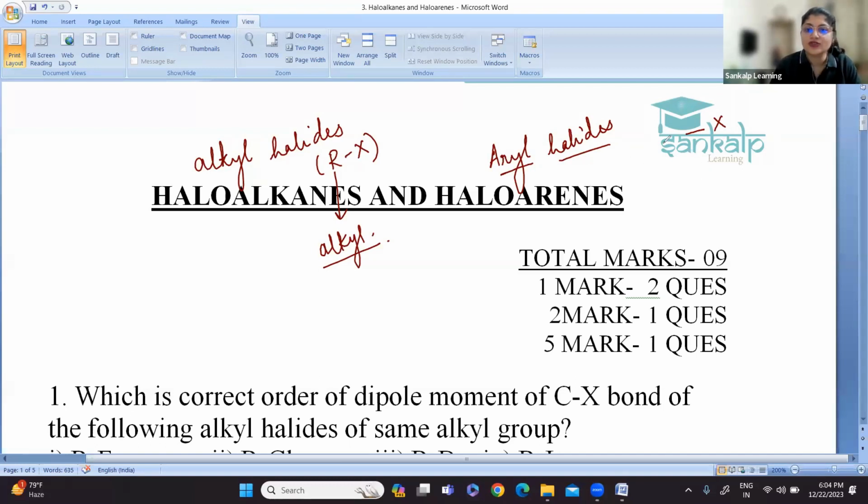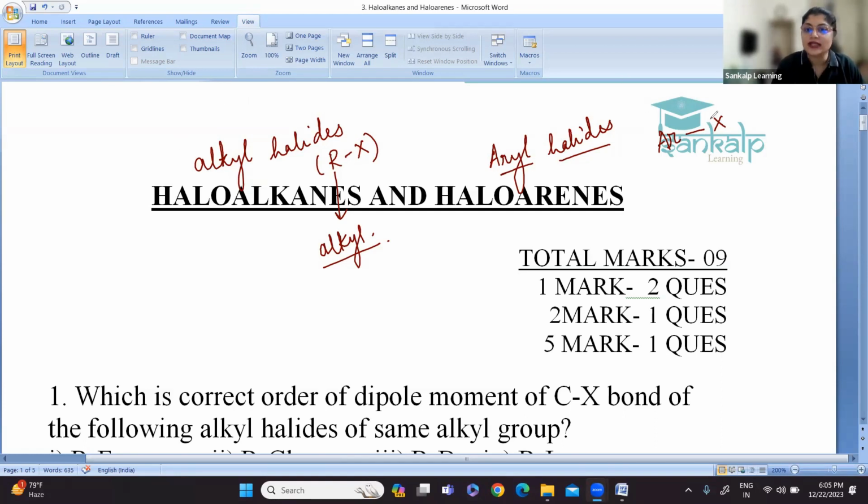Here the halogen atom is attached to an aromatic hydrocarbon in which one or more hydrogen atoms are replaced by halogen atoms.